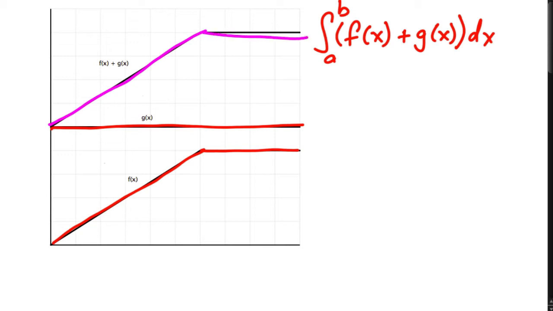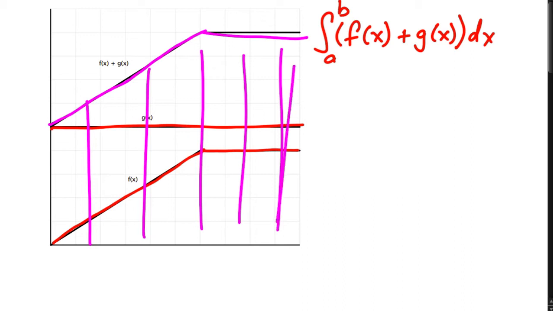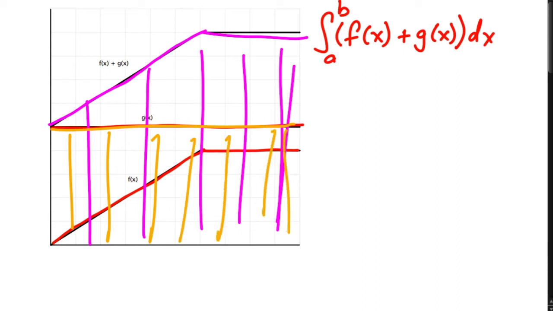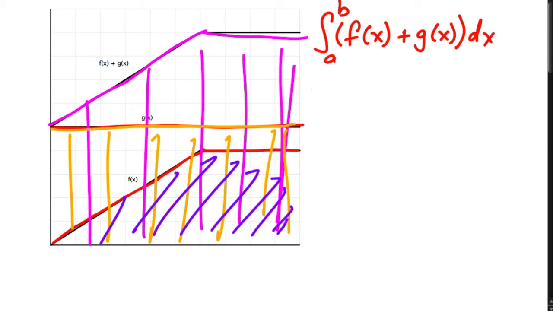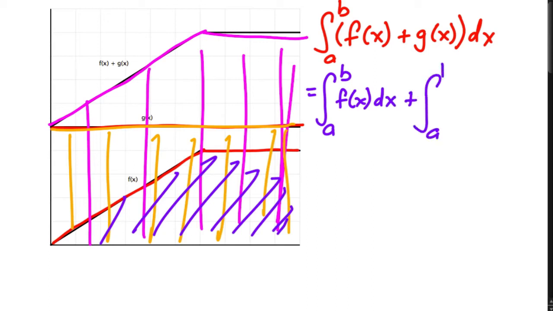And notice that if you find the area underneath the curve of the sum, it's going to simply equal the area underneath g of x plus the area underneath f of x. So that basically says just the same as for derivatives. If you're getting the integral of the sum, it equals the sum of the integrals. So you can find the integral of f of x plus the integral of g of x.